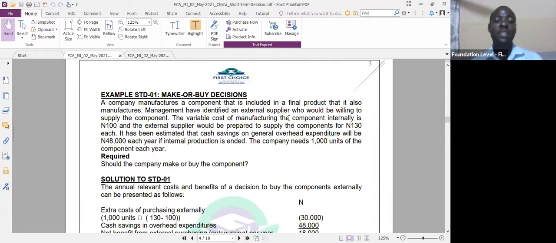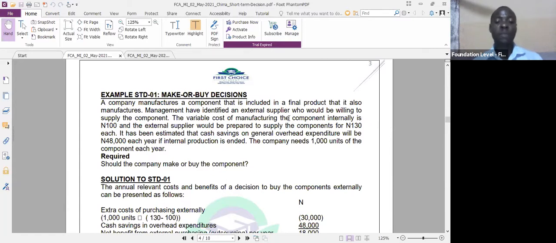It has been estimated that cash savings on general overhead expenditure will be 48,000 naira each year if internal production is ended.